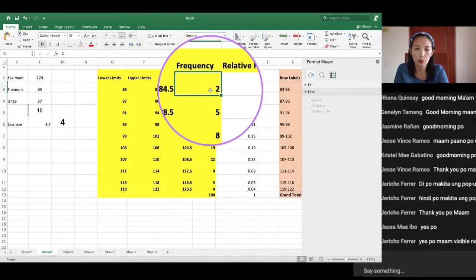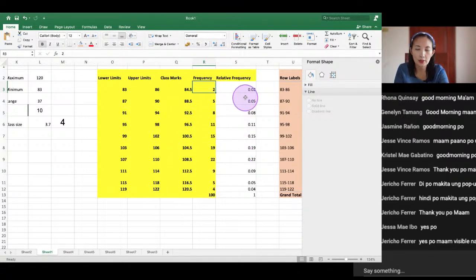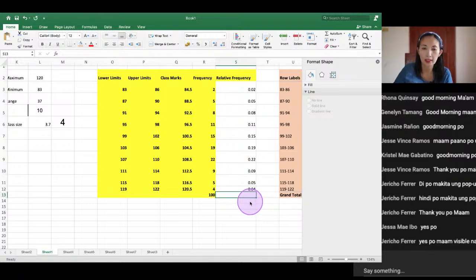So 2 over 100 and so on. If you have entered the formula, you simply drag it because that will apply to the rest of the rows. And the sum of it should be equal to 1, meaning 100%. I think that is clear now.